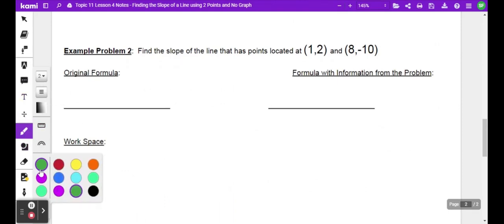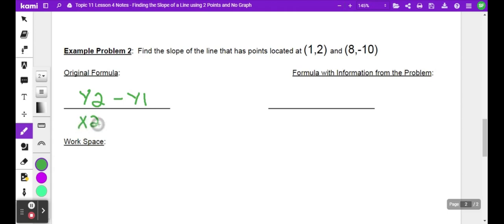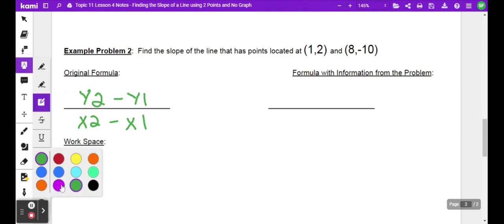The formula is not going to change, so we are still going to do y2 minus y1 over x2 minus x1. Again, I'm going to substitute those symbols out for the numerical values and the points that were given. So y2 was in purple. So again, that is the y coordinate from the second point.